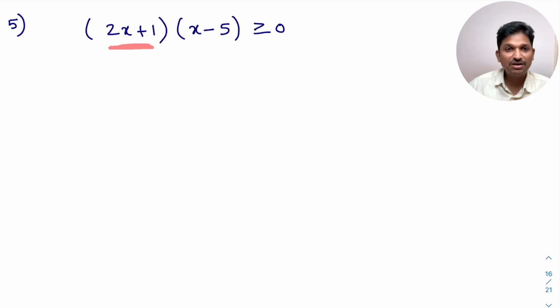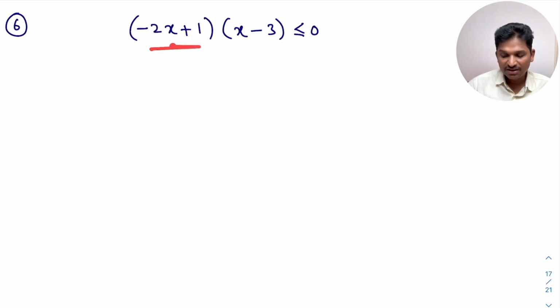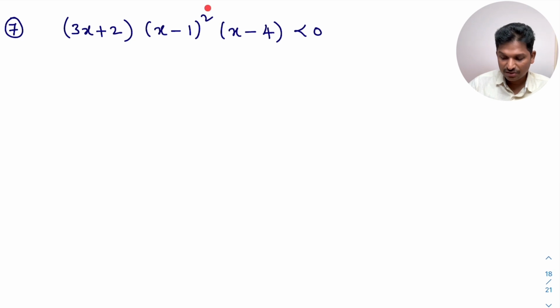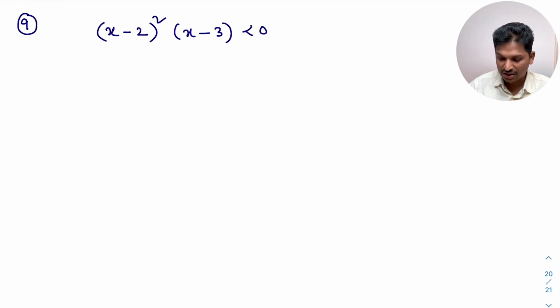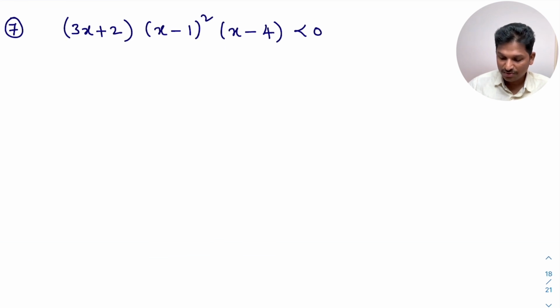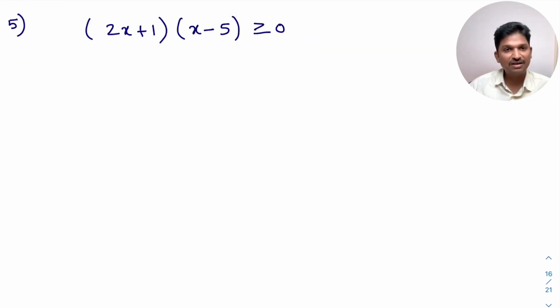This also comes under type 1 only. Here minus 2x plus 1 is there. Then how will we solve? And here you see square, in case powers are square or cube, then how to solve it, right? So these are the problems we are going to solve in this class.